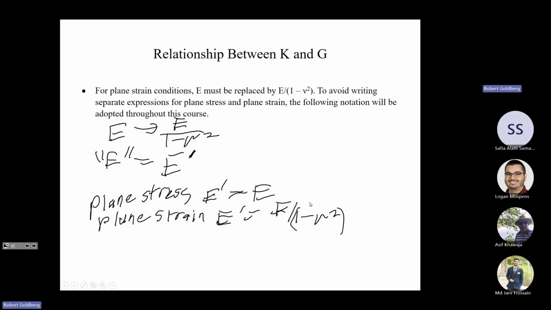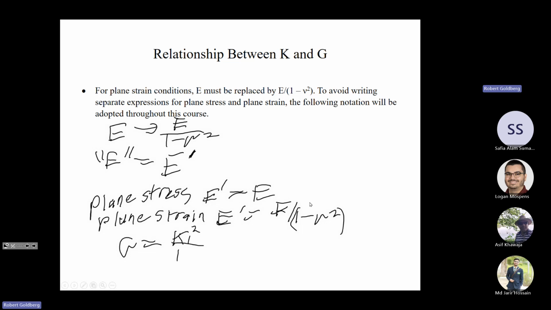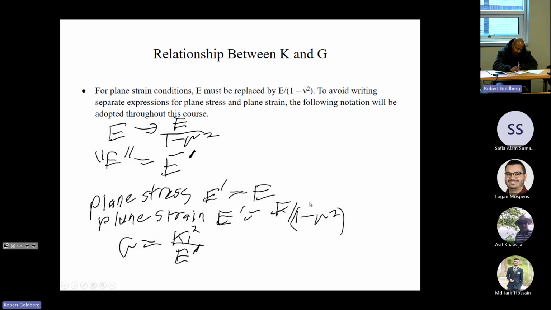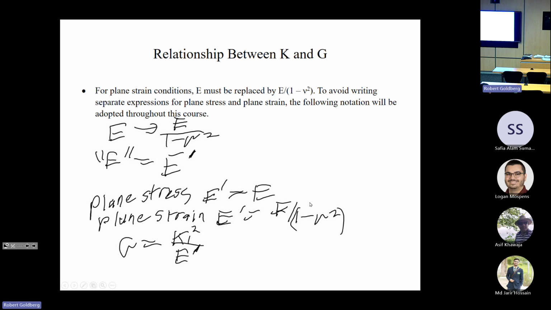So we'll formally write the equation, saying that the strain energy release rate is equal to the square of the stress intensity factor divided by this E prime material property, where this way it'll make it a general case. So for the case of plane stress, this E prime is just the modulus. For the case of plane strain, you also have to throw in that term related to the Poisson ratio. Okay.